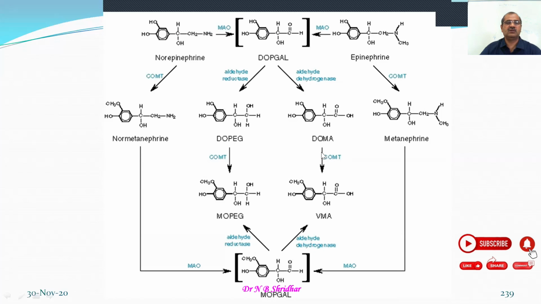So this is the pathway of how the metabolism of norepinephrine and epinephrine occurs, unlike that of acetylcholinesterase. Two enzymes are present.